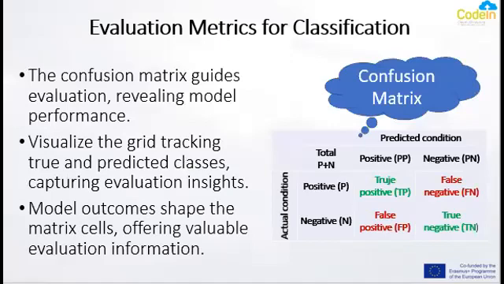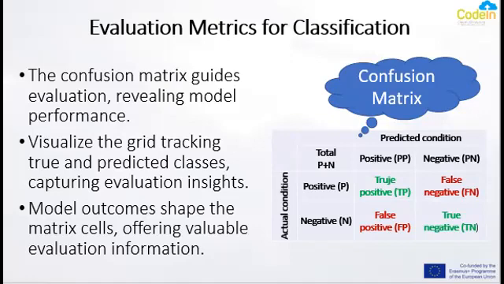The confusion matrix is a valuable tool that aids you in evaluating your classification model. It acts as a guiding compass, providing insights into your model's performance. Understanding the matrix and associated metrics like accuracy, precision, recall, and F1 score is crucial for assessing your model's effectiveness in classification tasks.